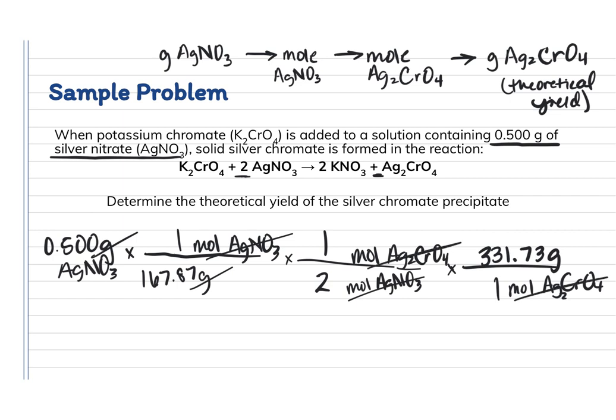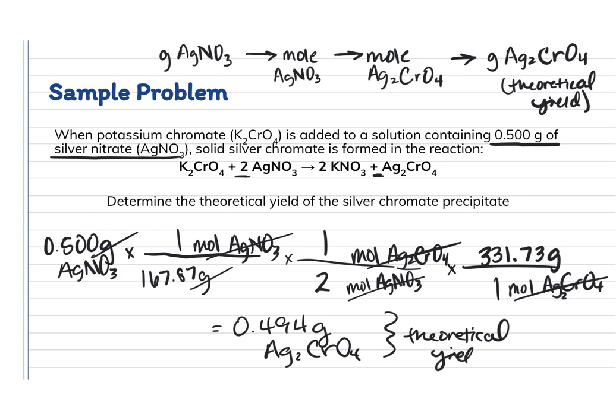Moles of silver chromate crosses out, and then I'm going to go through and solve it. So my theoretical yield is going to be 0.494 grams of Ag2CrO4. This is my theoretical yield, okay? So I found how much I should be making. If I gave someone 0.50 grams of silver nitrate, I would expect them to make exactly this much silver chromate.